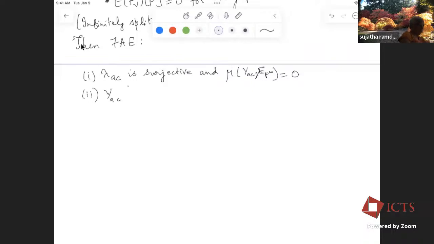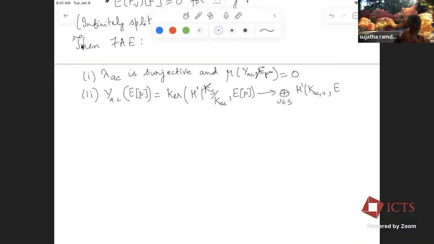Now I can define a residual fine Selmer group. This is just the kernel of H1 of K_S over K anticyclotomic, E[p], going to the product over all v in S of H1 of K anticyclotomic completed at all the primes above v, again for the residual representation.